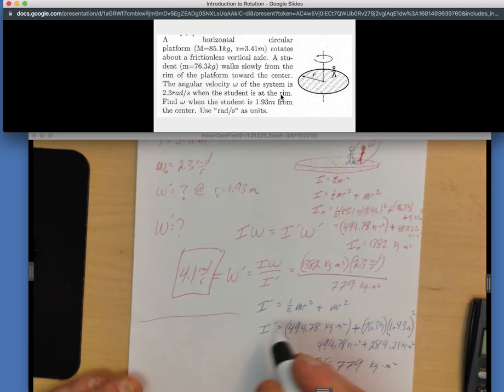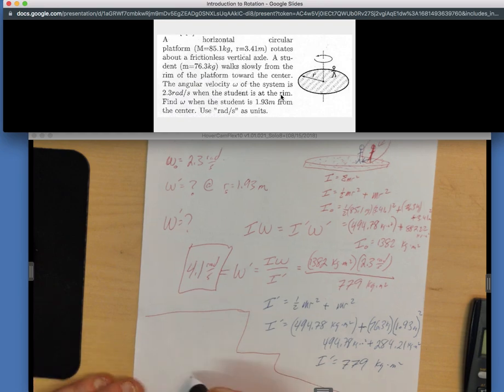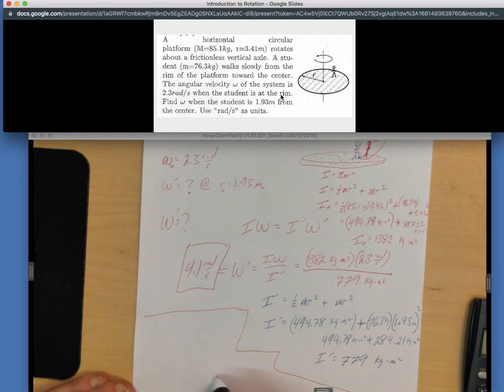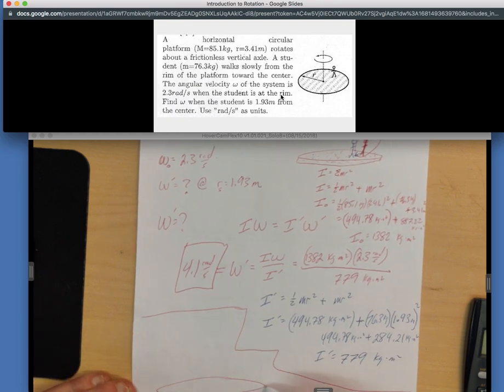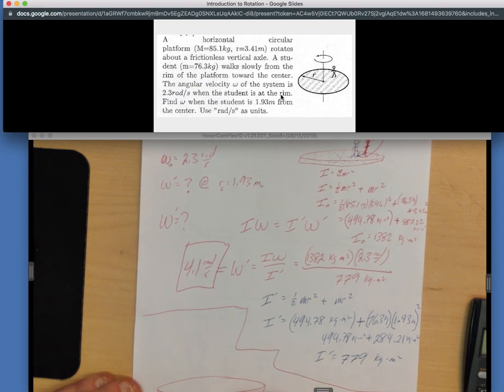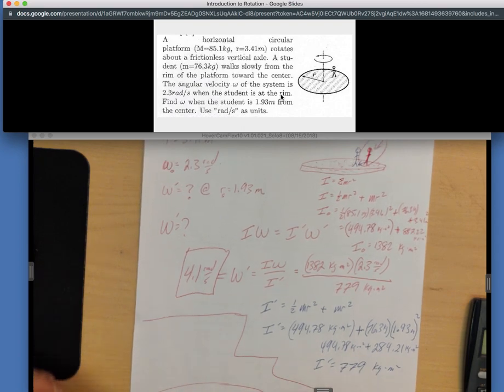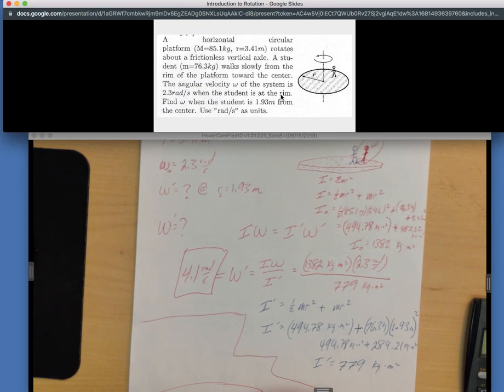That's good, right? And so the big point here is this: if you have a disk, it's a short, squat cylinder, so its moment of inertia is 1/2 mr squared.